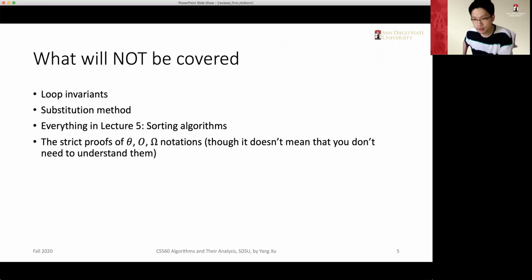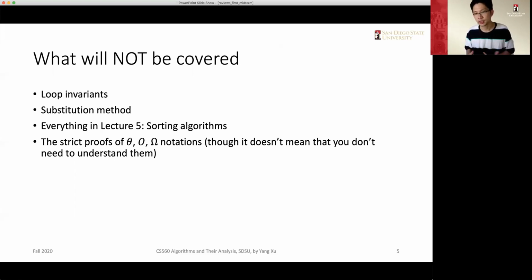And lastly, I would like to mention what will not be covered. First of all, loop invariants. We use that technique to analyze the correctness of algorithms. In insertion sort, we have statements as a loop invariant that we need to check: whether the statement is true before the iteration, whether it holds true after each iteration before the next iteration starts, and whether it is true after all the iterations.